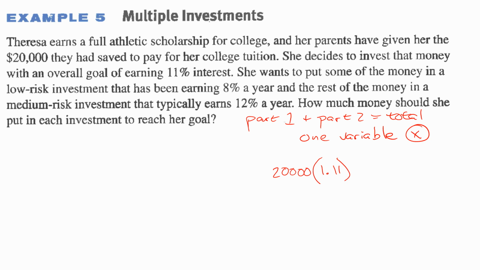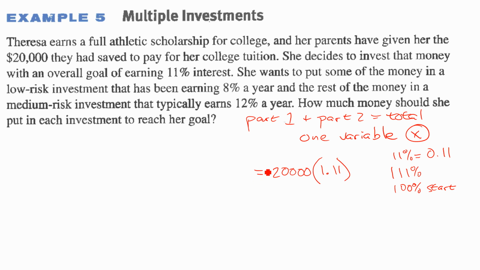Important to note, 11% is the same as 0.11 if we write it as a decimal, but we want to grow our money. We want to keep the original 20,000, so we actually have to multiply by 111%, because 100% means what you had to start with, plus an extra 11%.